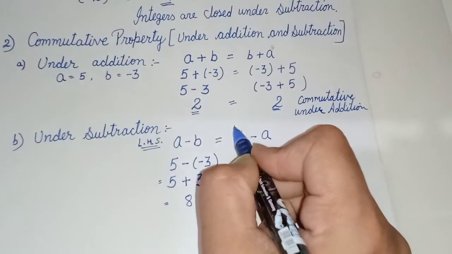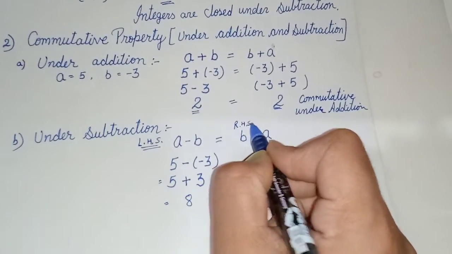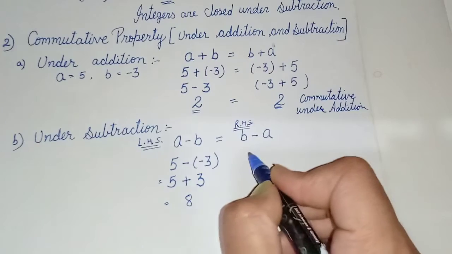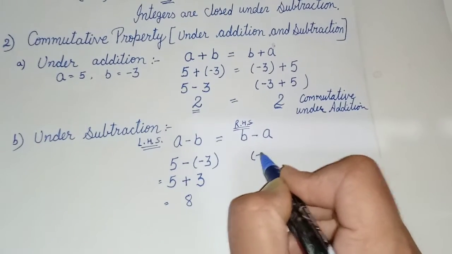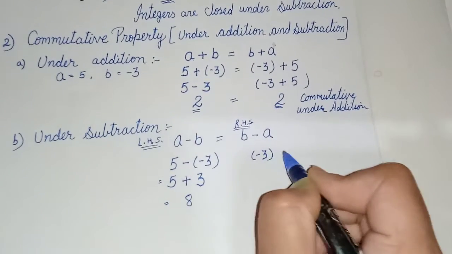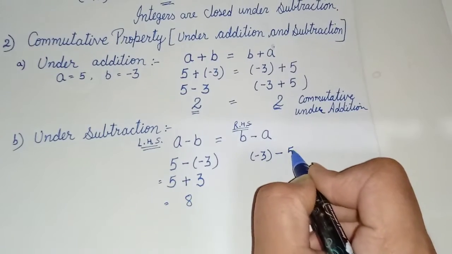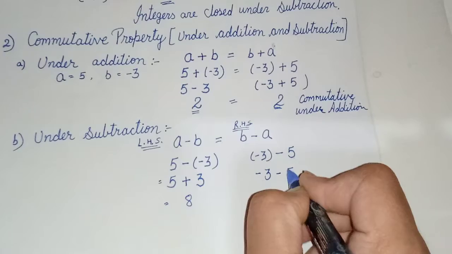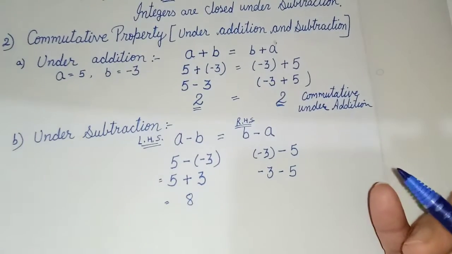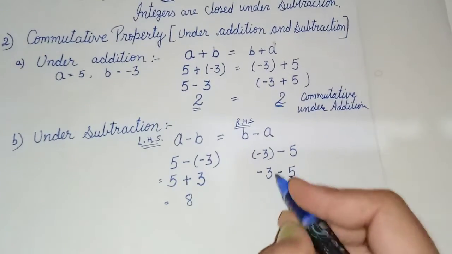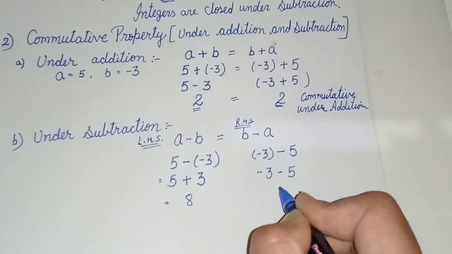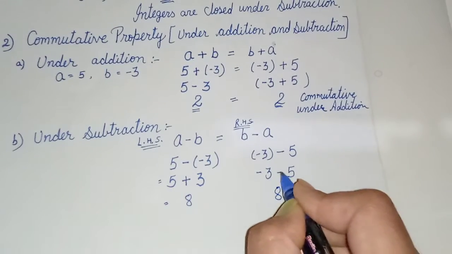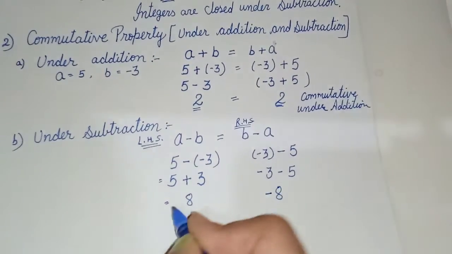Now let us do RHS, that is B minus A, -3 minus 5. The signs are the same, both are negative, so they will be added. 5 and 3 make 8, and the greater number is negative, so -8.